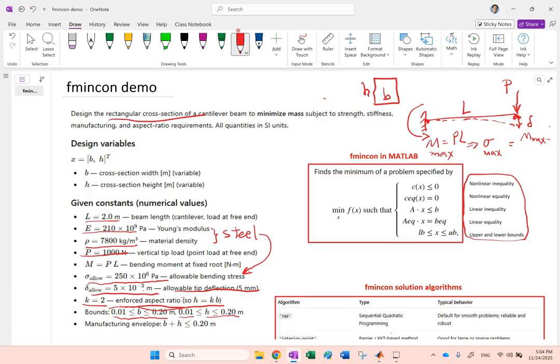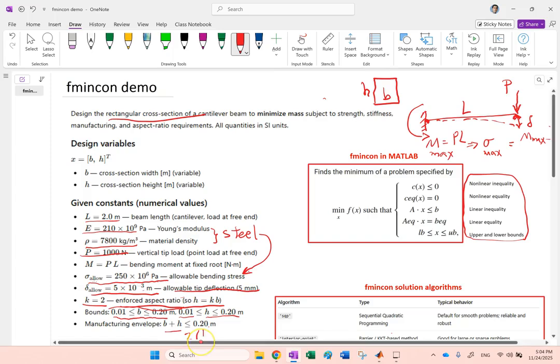And the envelope of it, which limits the perimeter of it, says that B plus H should not be more than 0.2 meters or 200 mil. So B plus H is less than that, or in other words, the perimeter, which is 2 times this, should be less than 0.4. So there is a limit on the perimeter as well.